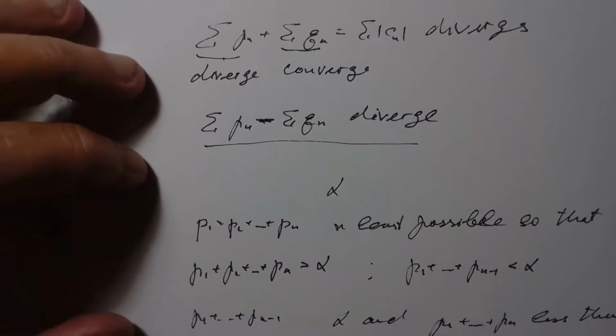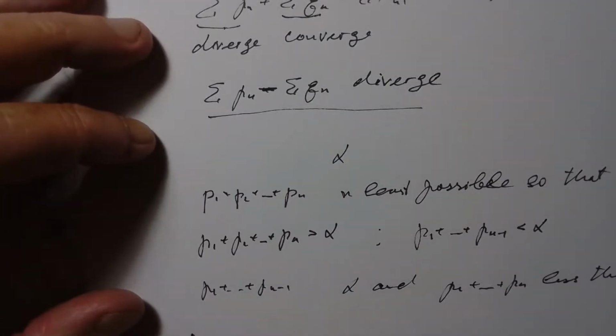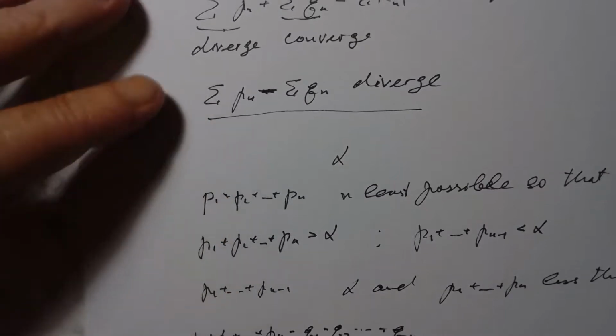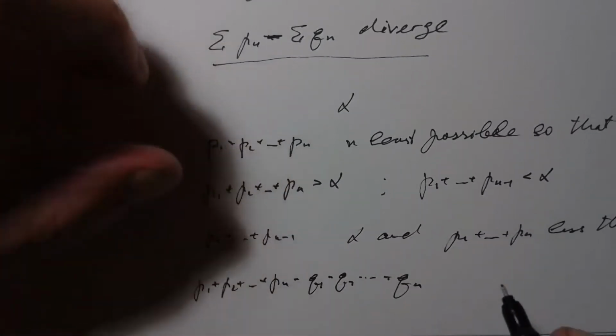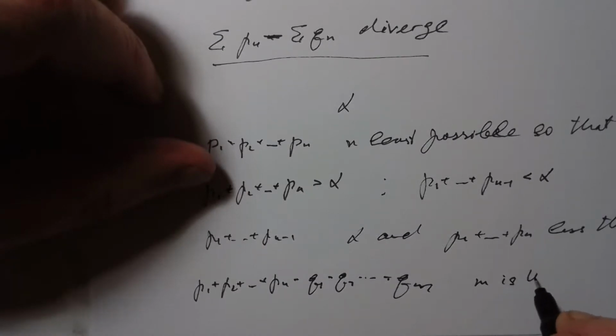Okay. So now I'm going to take this particular sum, and I'm going to add to it the negatives of Qm. And m is the least such that this sum will be less than alpha.